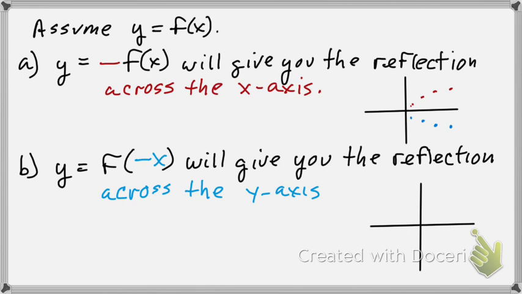And by the same token, if I want to reflect something across the y-axis, here's some points over here. I would take each one. Now what am I doing? I'm leaving the y values the same, but for each x, I want the negative version of x coming across here.